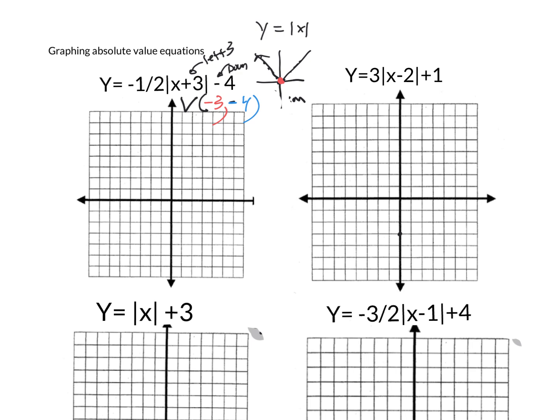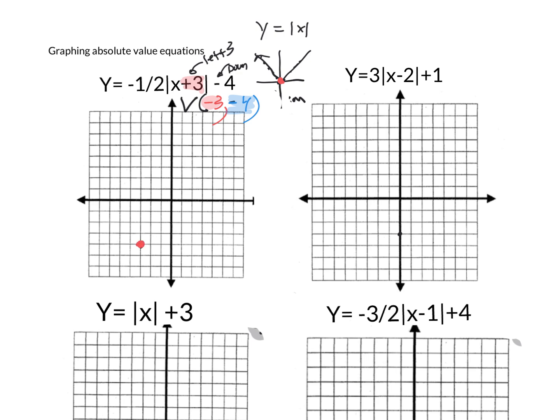Aren't we shifting the parent graph left 3, hence it's going to be -3 because you're going left 3, and then down 4. So the new vertex is sitting at (-3, -4). Here's the location of our new vertex.